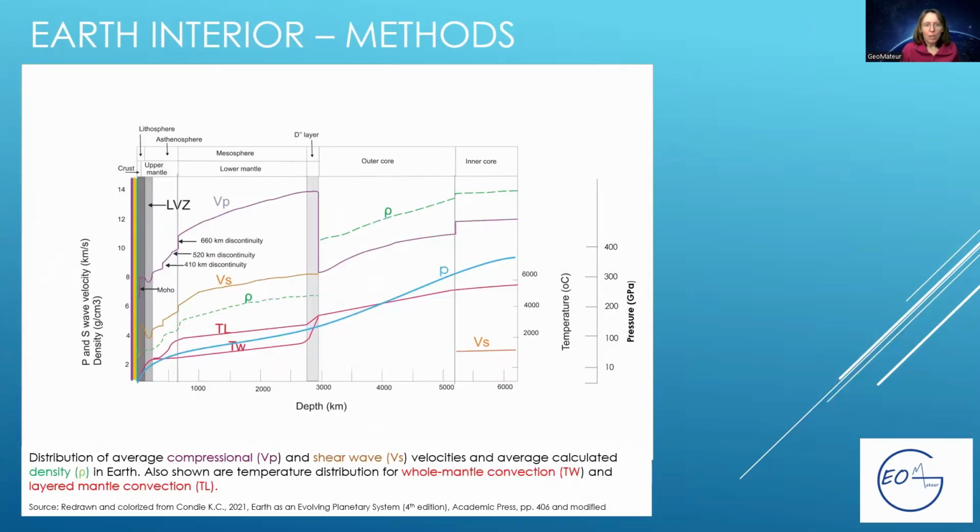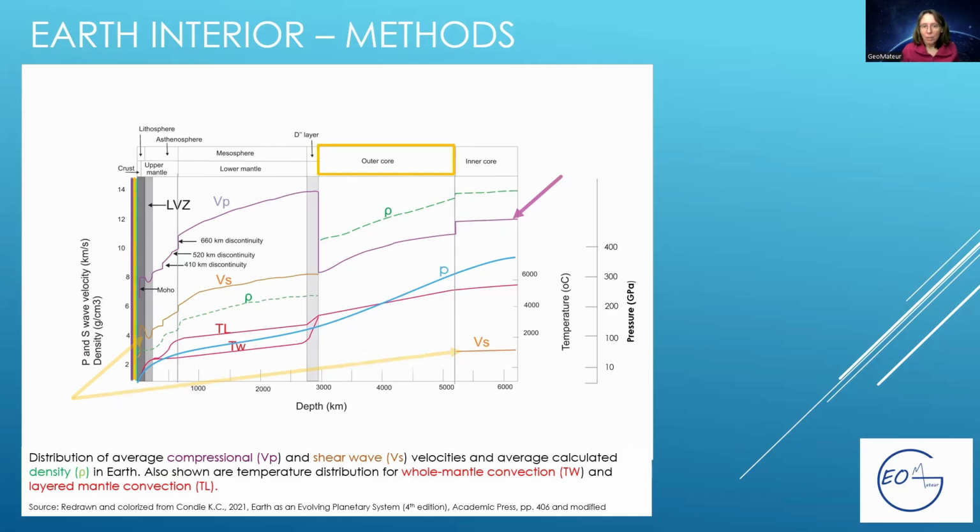Let's say we have a set of seismic data. What now? Knowing the time the seismic waves traveled from the epicenter to the receiver and the distance between epicenter and receiver, we can get the velocity of the waves. Remember, P waves and S waves, and S waves don't travel through the outer core.